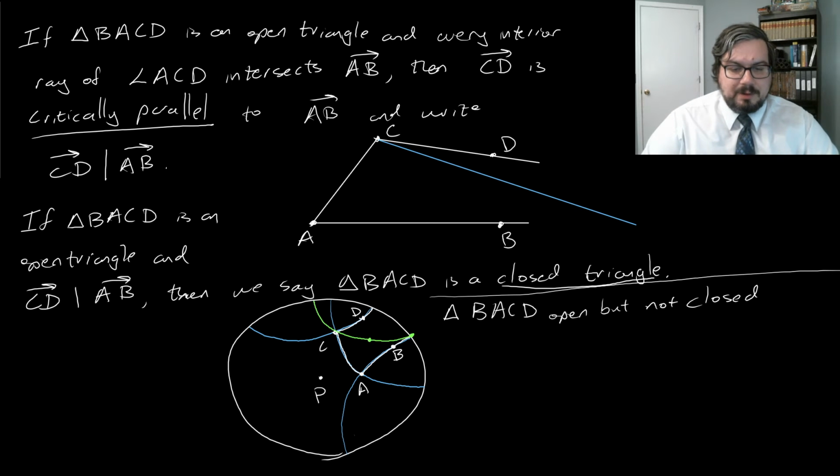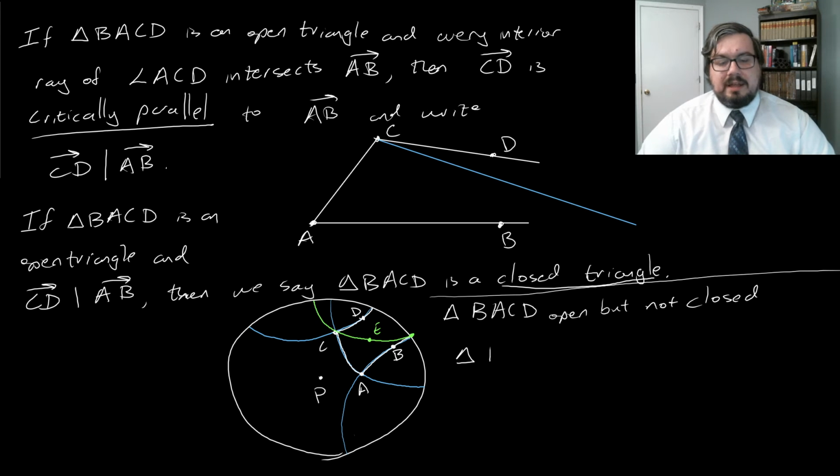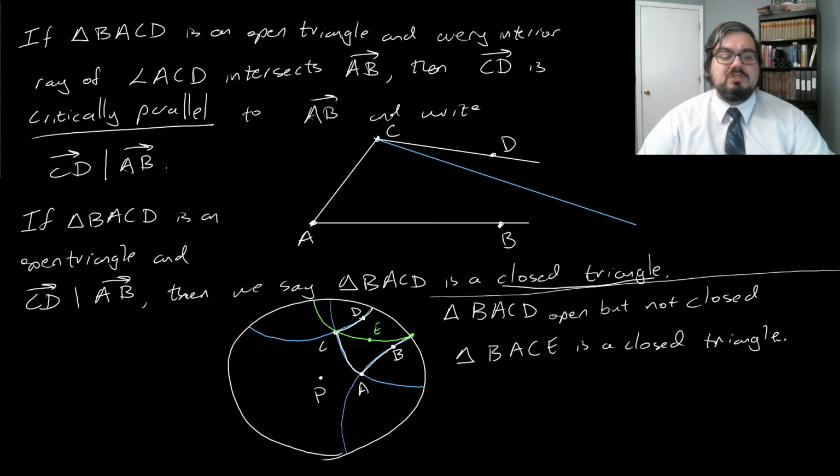So if we call this point E, then the triangle BACE is a closed triangle. And it turns out that closed triangles, even more than open triangles, behave like ordinary triangles in hyperbolic geometry.